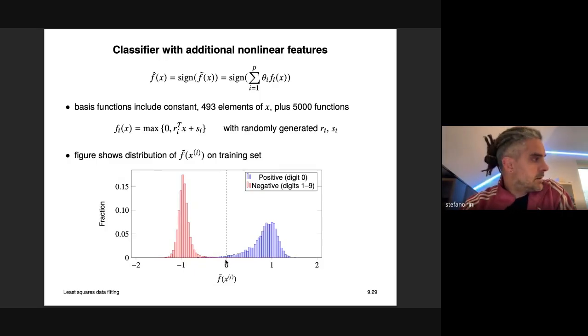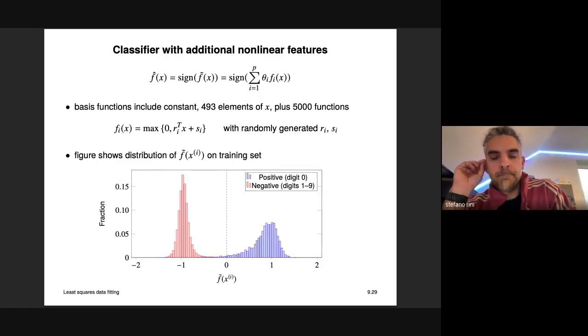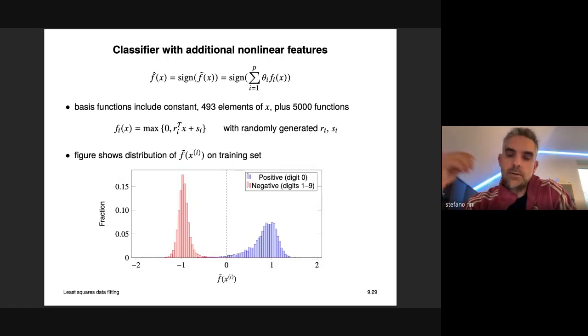And this is a good lesson for us, right? If we let the algorithm choose the coefficients for the linear model, then the coefficients are going to reflect the importance of the features. So features that are more important are going to achieve a higher value.